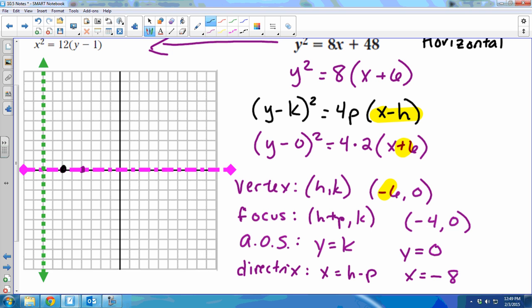Again, vertex, focus. The focus has to be inside the parabola. It should open away from the directrix, and the focus should be inside of it.